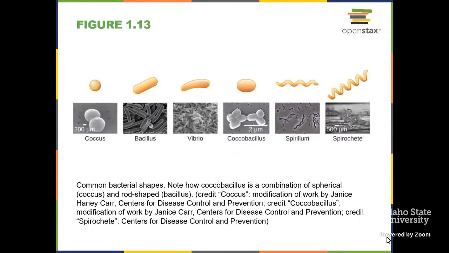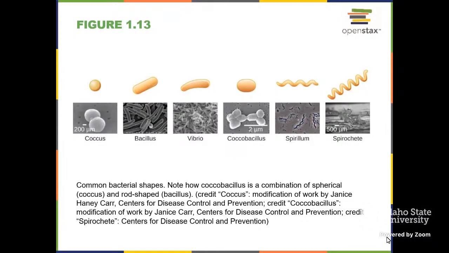So as I said before, we'll talk about some different types of those microscopy techniques a little later. We just want to show you some images of how these bacteria might appear, all right? So some cartoon pictures and then microscopic images. And again, remember, these are magnified considerably, all right?